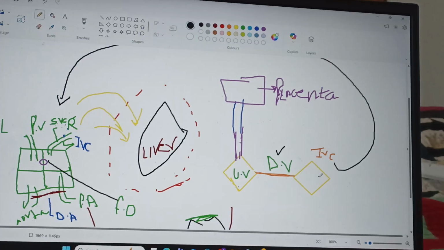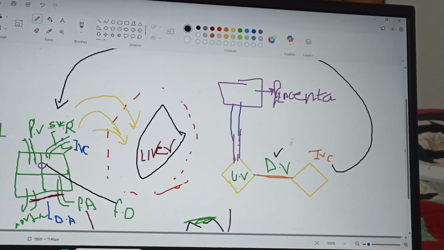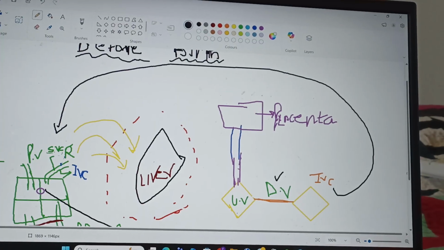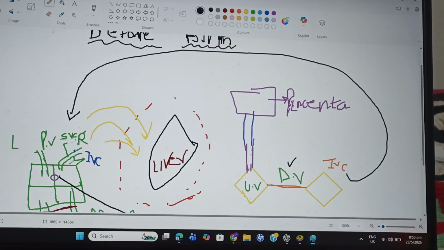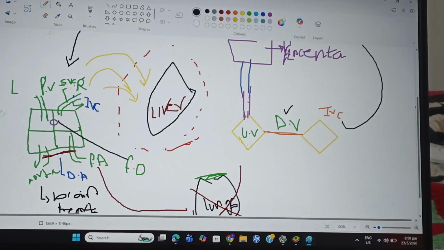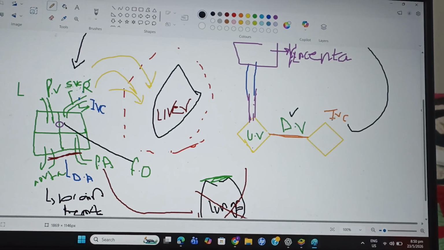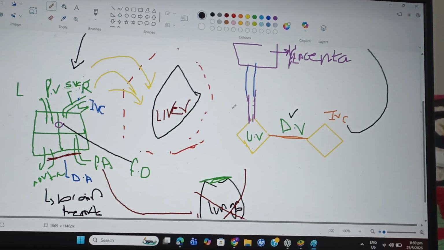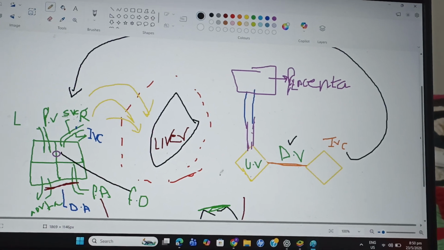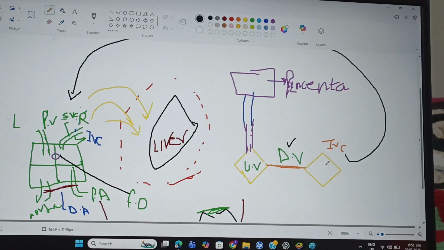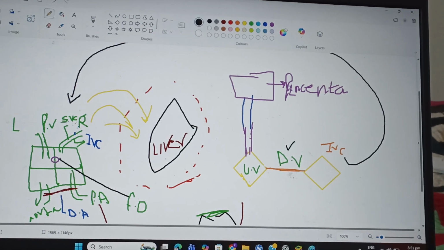Okay, so inferior vena cava, we have heard this term so many times, right? If we see this arrow, it is indicating toward the heart. This little green portion is the heart, and the inferior vena cava is right there. Now blood from the placenta moves from the umbilical vein to the inferior vena cava by the ductus venosus.